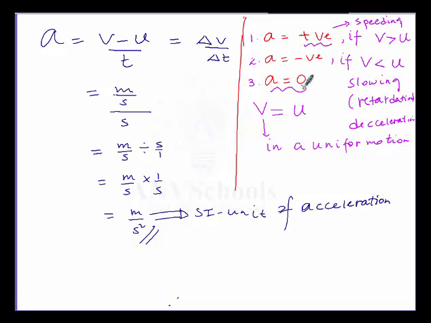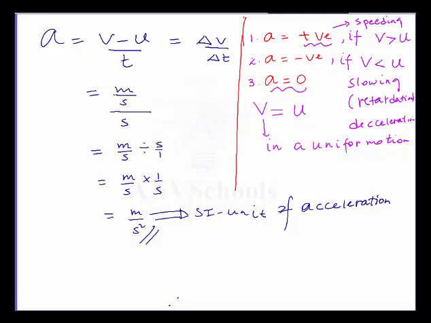So acceleration being 0 doesn't mean that the object is at rest. The object can be in motion with the same speed throughout the motion. So these are the three possible values of acceleration: positive acceleration, negative acceleration, and zero acceleration.